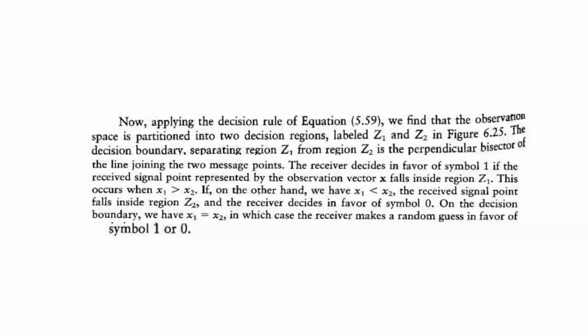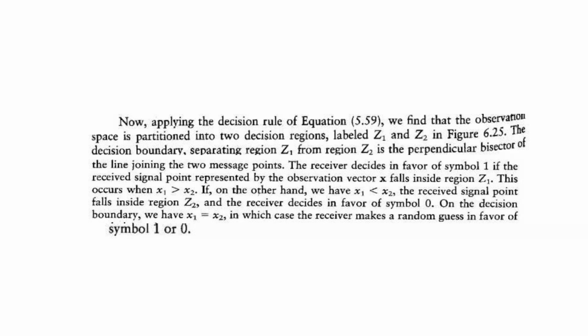Now applying the decision rule on the above equation, we find that the observation space is partitioned into two regions, denoted Z1 and Z2. There is a decision boundary which separates the regions Z1 and Z2, perpendicular to the line joining the two message points. If the observation vector falls in the Z1 region, the receiver decides the received symbol is symbol 1.